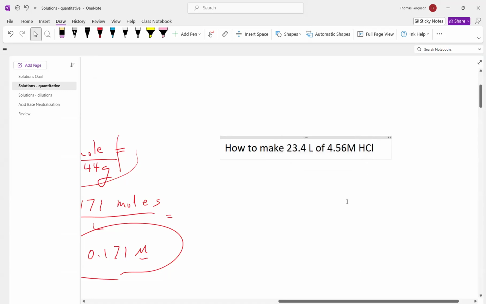Okay, so how to make 23.4 liters of 4.56 molar hydrochloric acid, HCl. Let's not do HCl because that doesn't come dry. Let's do lye. Sodium hydroxide comes dry. Okay, so what do we need?